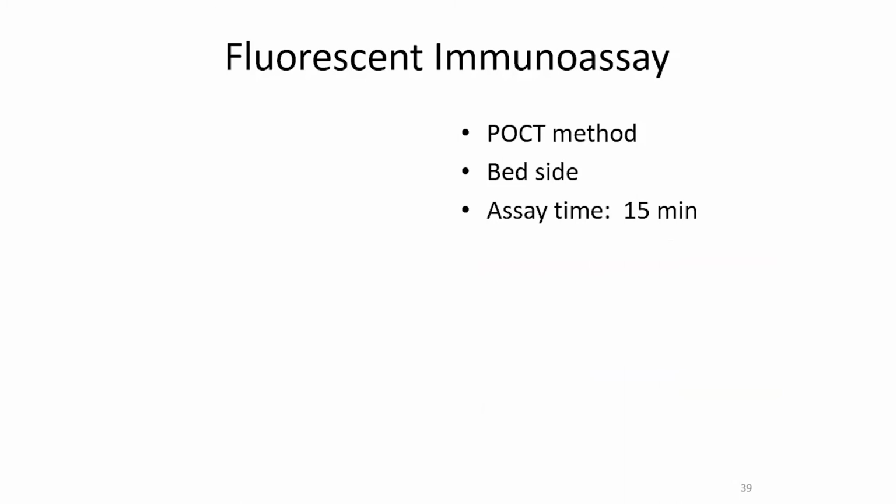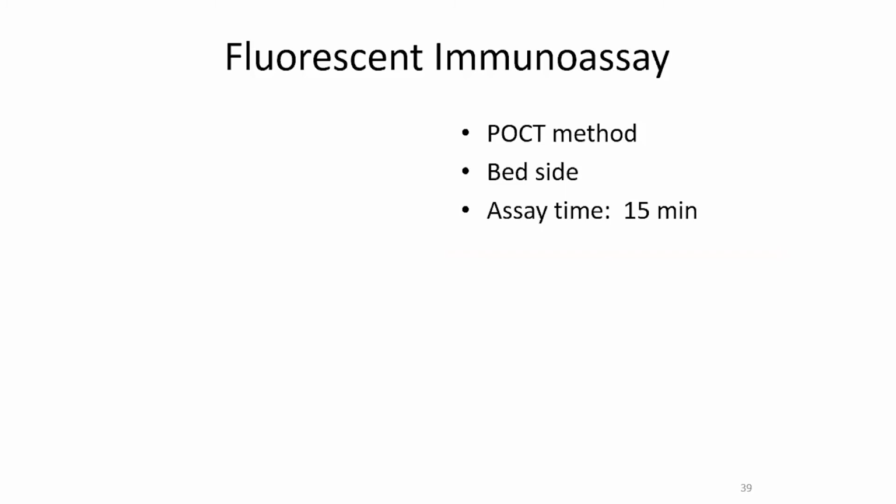Fluorescent immunoassay. Nowadays we are getting many small equipments, smaller ones for POCT purposes, which is bedside. Assay time they say is just 15 minutes, and they say it is more sensitive, and sensitivity and specificity are good enough, but we never used it as a POCT method, because I think vitamin D is not that emergency parameter which can be done through this POCT method.